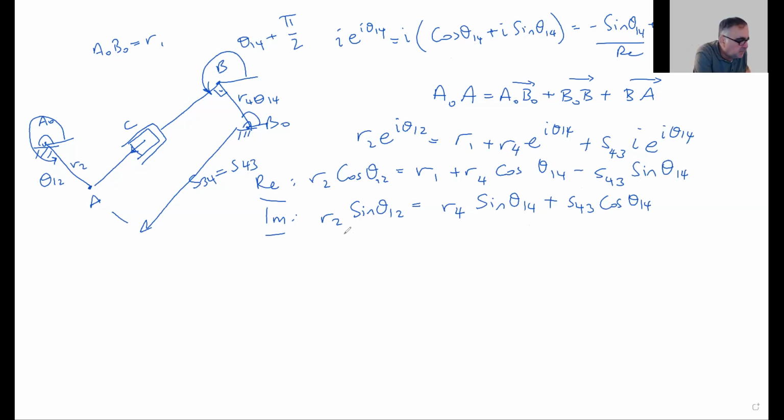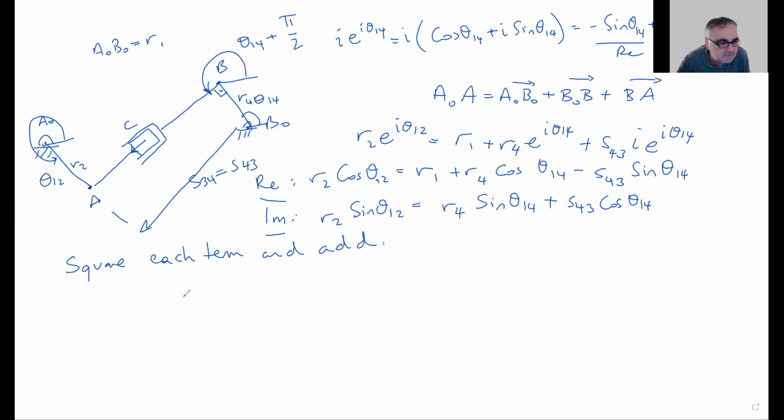Okay, so we have the expression. Well, what can we do here? We can do the following. For example, we can get rid of theta 1,2 in the following manner. For example, square each term here and add them.